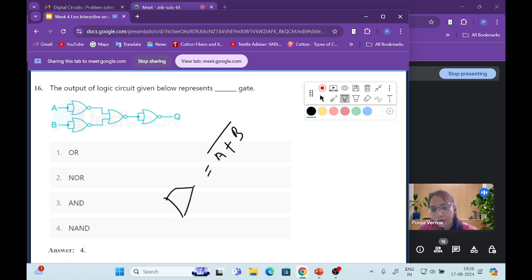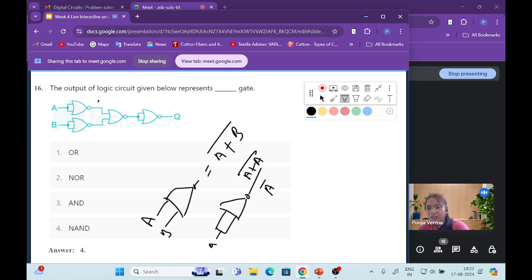This is a NOR gate with inputs A, B. If both the inputs are shorted, only A is there, we will get (A plus A) bar, so A bar only. Here we will get A bar, and similarly in this we will get B bar, right?